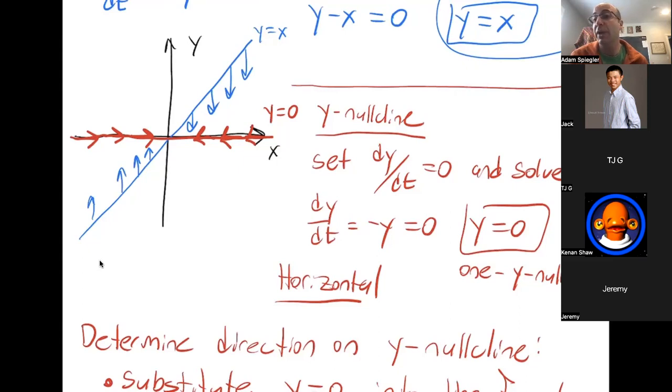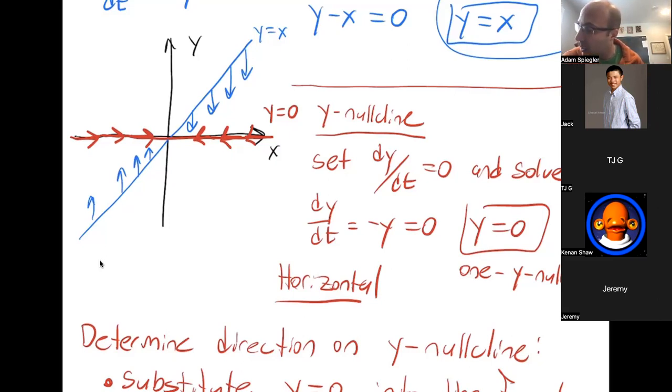But I'll say that we can use these nullclines to understand the full phase plane. So just by plotting these lines right now, it's going to give me an idea of what's happening in the full phase plane. So I think in that sense, yeah, it's pretty similar. With slope fields for very special differential equations, for autonomous differential equations, if we understand what the phase line looks like, then we know what the full slope field looks like. And so it's a similar idea here. Yeah.